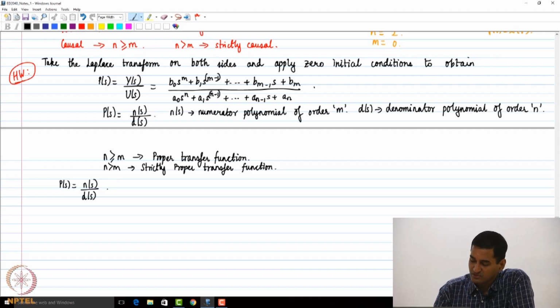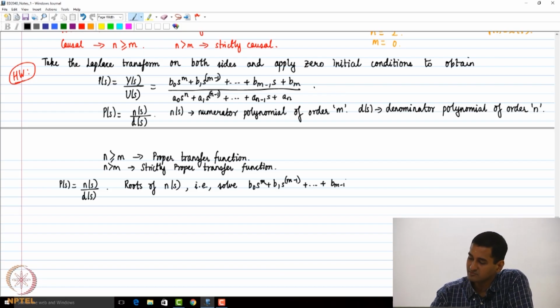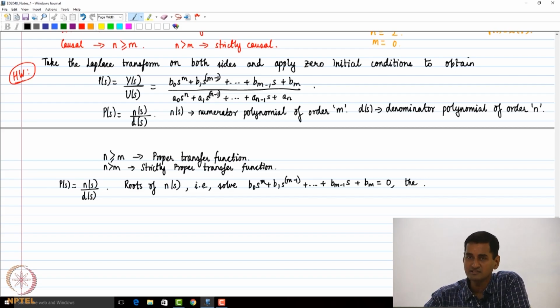So immediately, if I calculate the roots of n of s, that is, solve b naught s power m plus b1 s power m minus 1 plus all the way till b m minus 1 s plus b m equals 0, what will you call the roots of n of s?